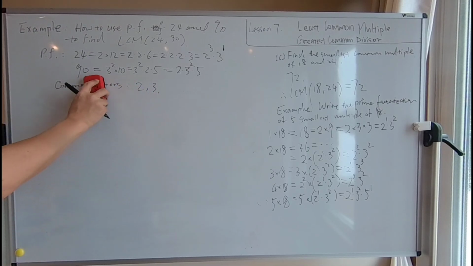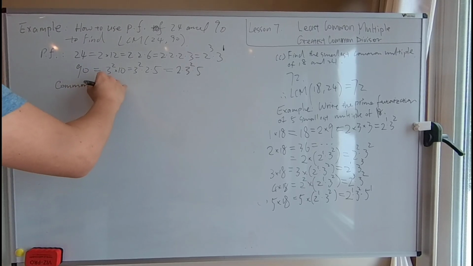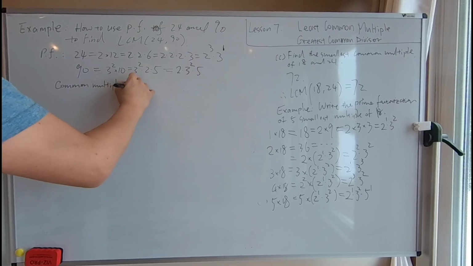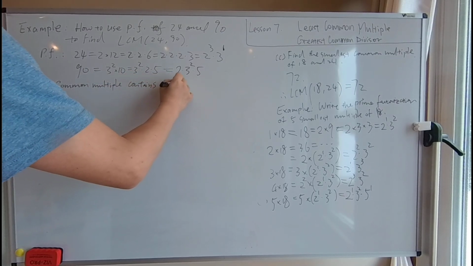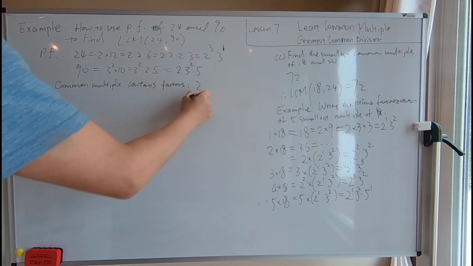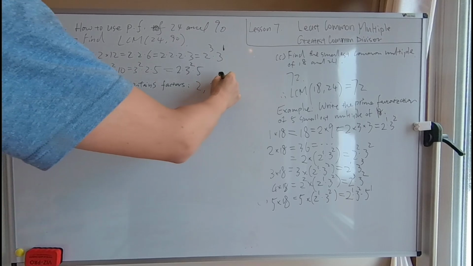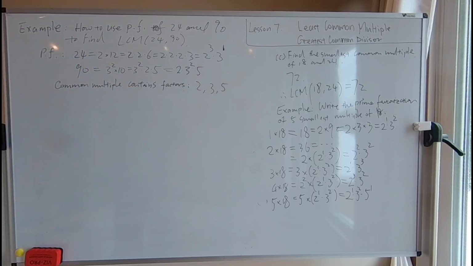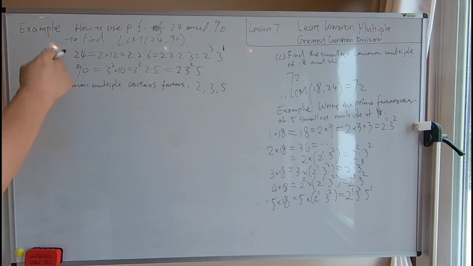Maybe I shouldn't say common factors, I should say the common multiple contains the factors of 2, because I need the factors that cover both numbers. 5 is also one of the factors, because a common multiple of these two numbers must also be a multiple of the number 90 itself.